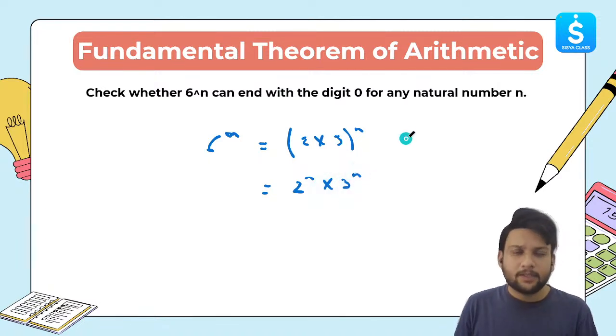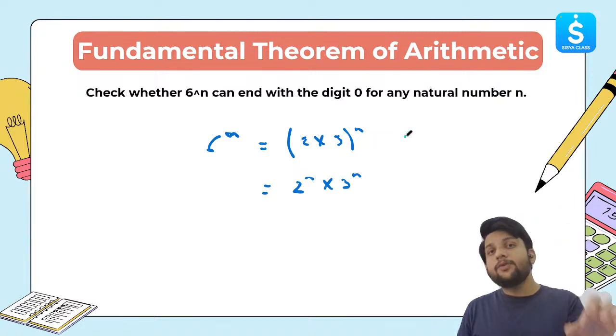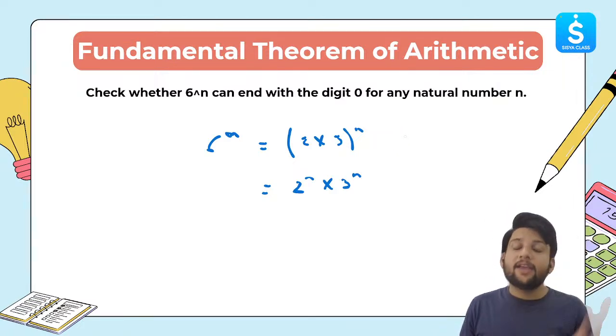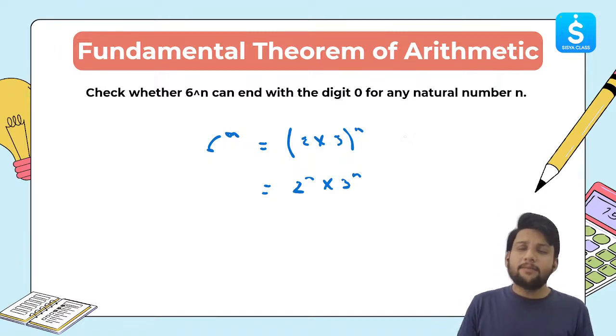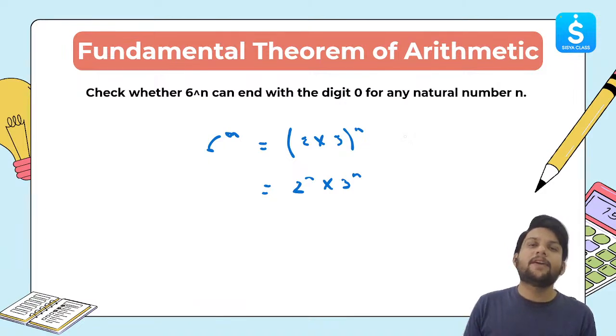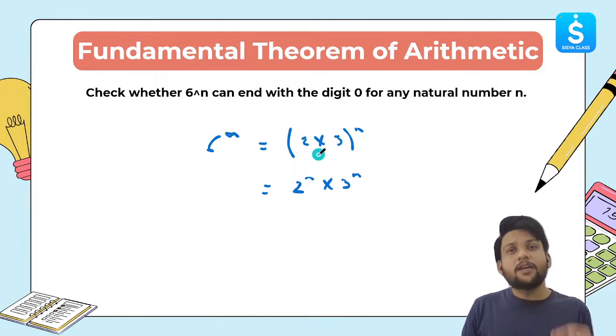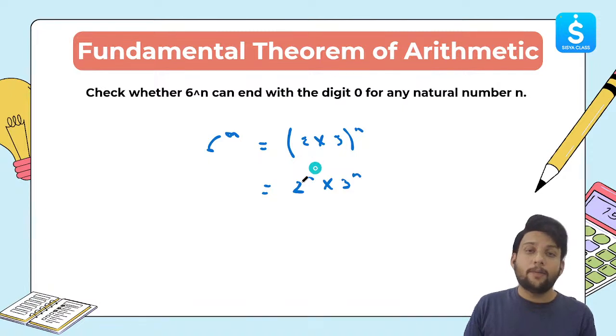Yes or no? Of course, yes. Now, if this question comes for 1 mark, you can easily write it like this. But if it comes for 2 marks, then you have to specify the reason. So using the uniqueness part of the fundamental theorem of arithmetic, we can surely say that the only factors are 2 raised to power n and 3 raised to power n.